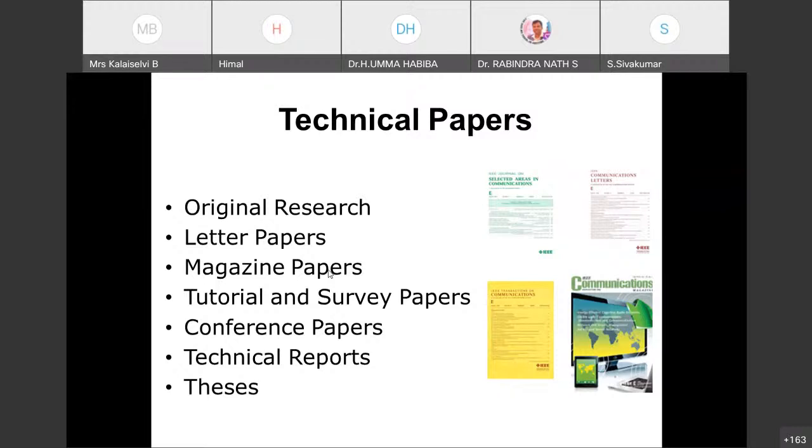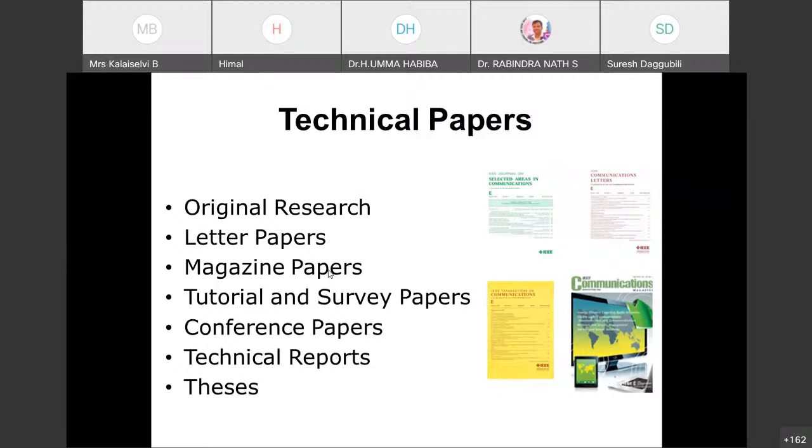For example, in IEEE Communications magazine, you cannot write a lot of equations, and the number of figures and tables should be less than or equal to 6, and the number of references should be 15 and so on. The idea there is to target a broad class of audience, spanning academia, industry, and so on.